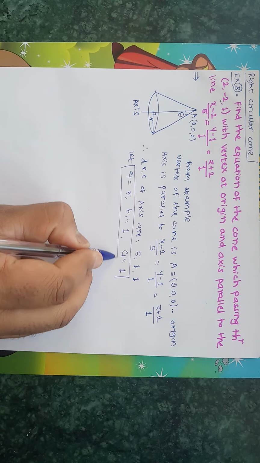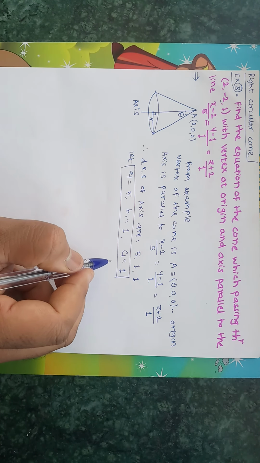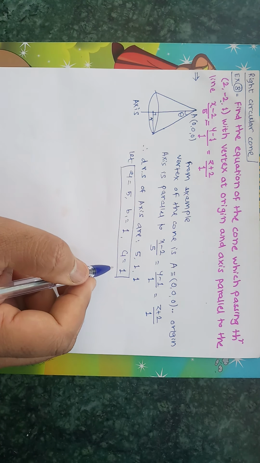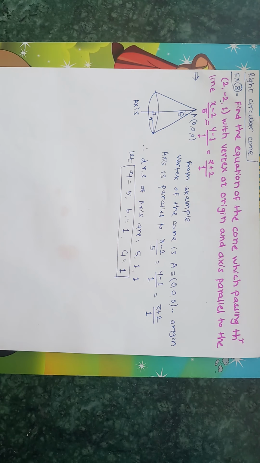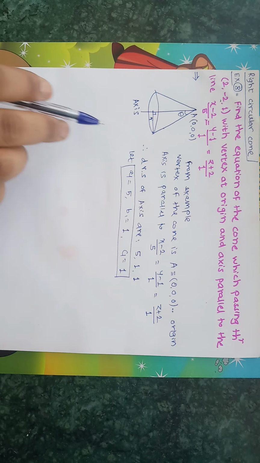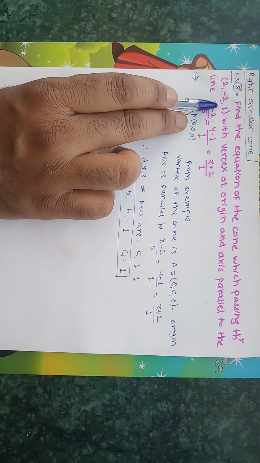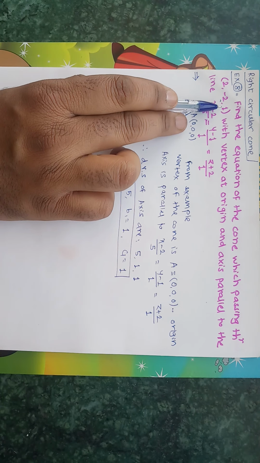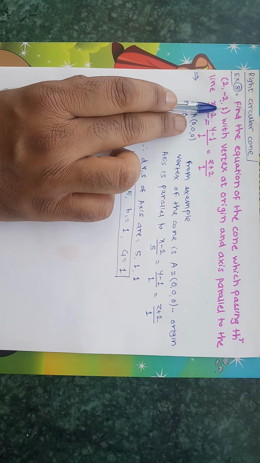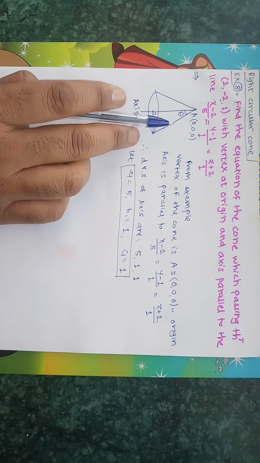We are short of the value of the semi-vertical angle theta, so one more condition is given. The cone is passing through this point, that means this point must lie on the equation of the cone.